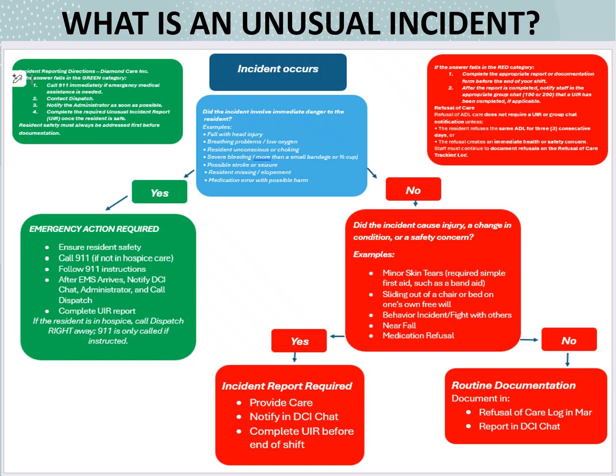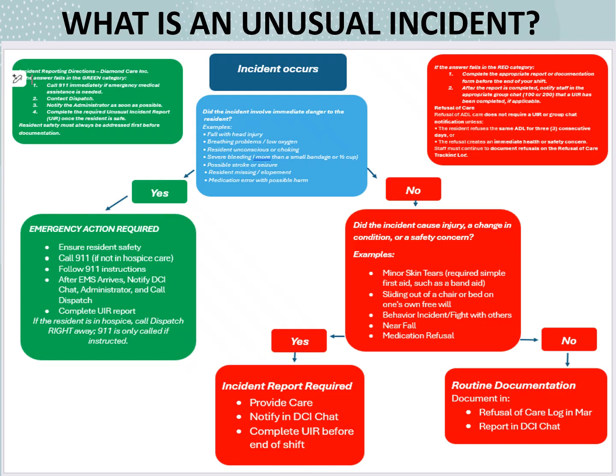And then we have this blue box here in the middle, and this blue box represents a question. And if you answer yes to that question, you'll see all of that is in green, right? And so that lets you know that this is a 911 emergency.